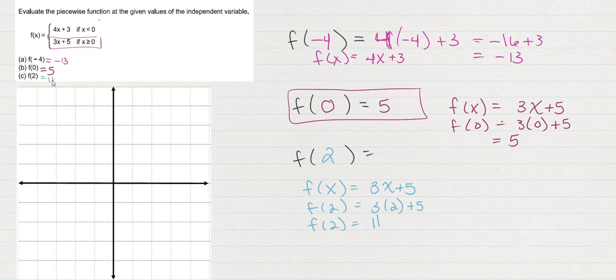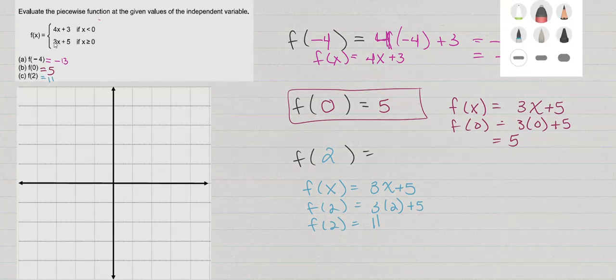Now, one other thing I could do here is I could show the graph. Sometimes, now this question didn't ask us to do this, but you should be able to also graph the function. So let's graph the part of the function where x is greater than or equal to 0.